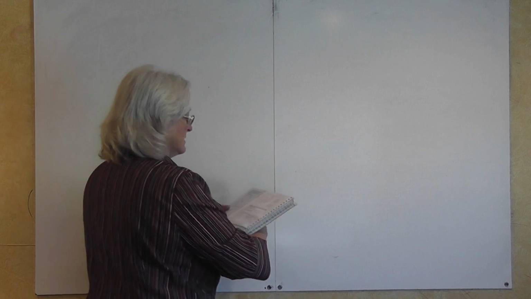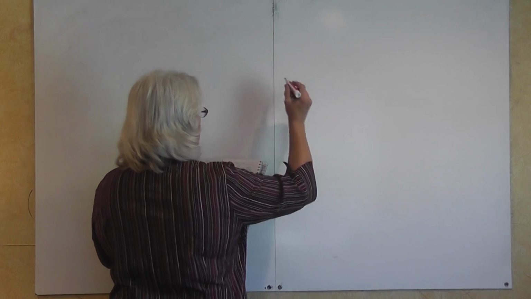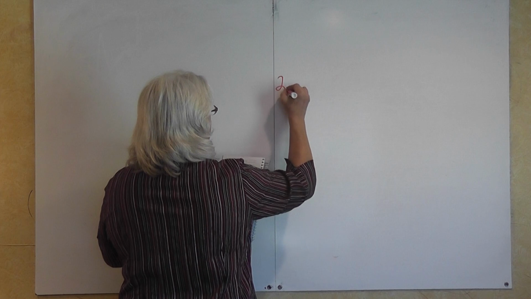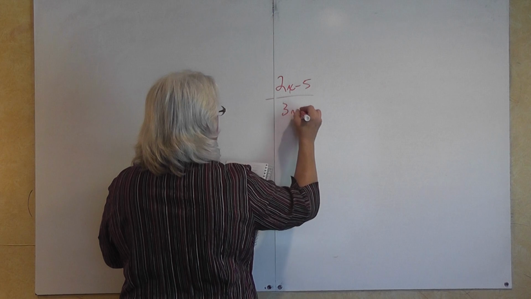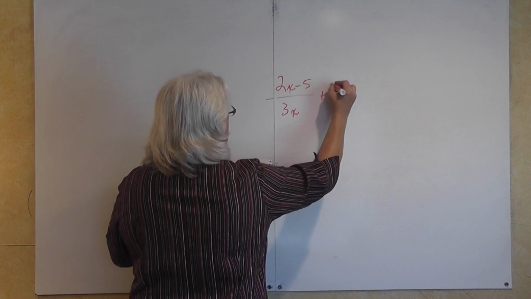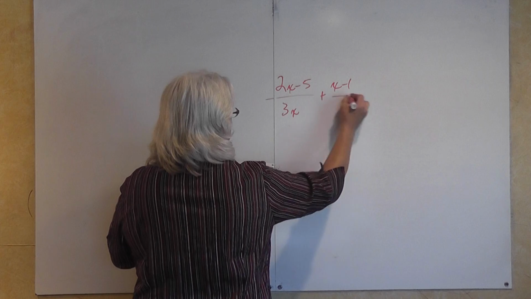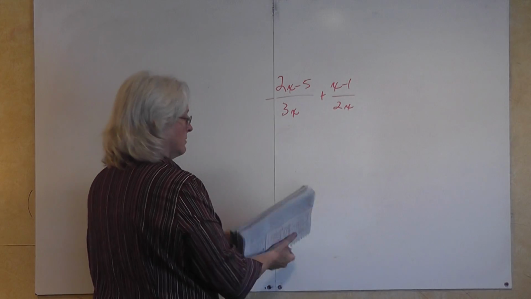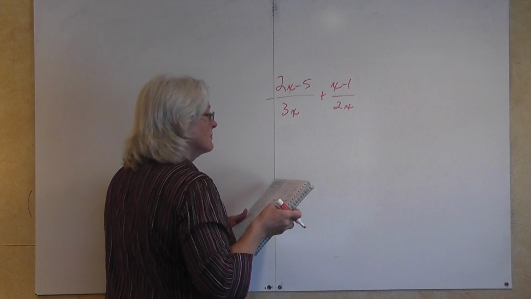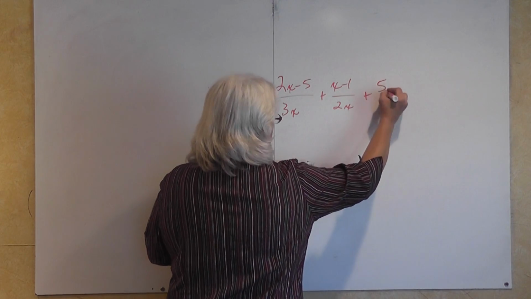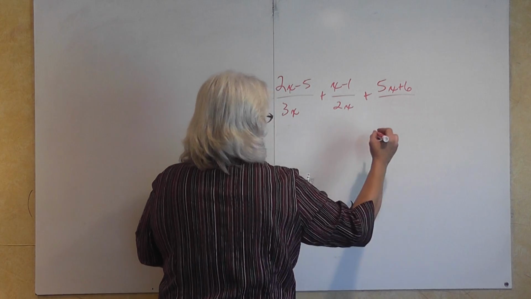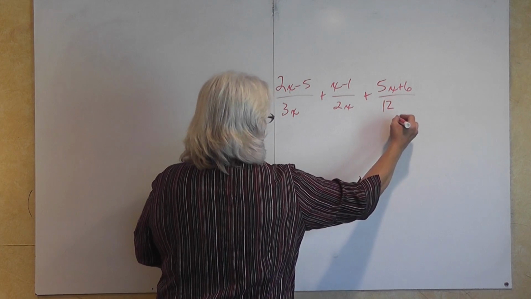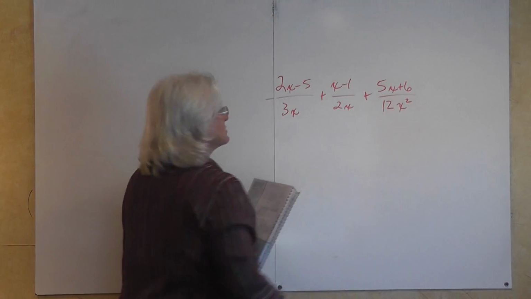And on page 496 we have example 3, which says simplify 2x minus 5 over 3x plus x minus 1 over 2x plus 5x plus 6 over 12x squared.